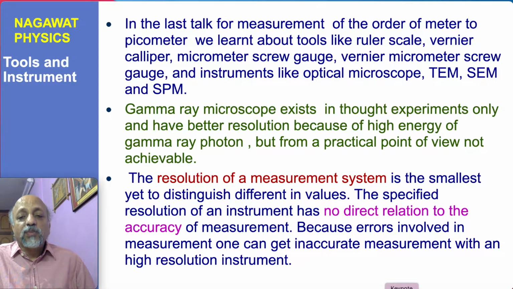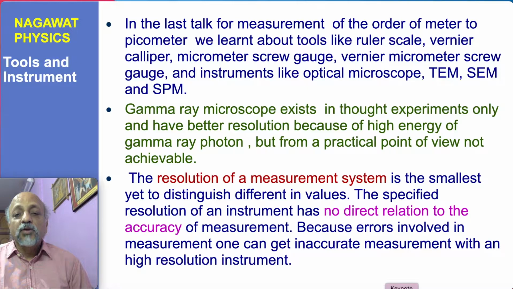I have explained in the last talk that human eye has angular resolution of 1 minute, which corresponds to 0.1 millimeter at the distance of distinct vision, which means that if there are two dots at 25 centimeter away from eye and the separation between the two dots is 0.1 millimeter, then both dots would be clearly resolvable by human eye. But if you increase the separation between eye and dots, maybe at some distance, they will not become resolvable by human eye.